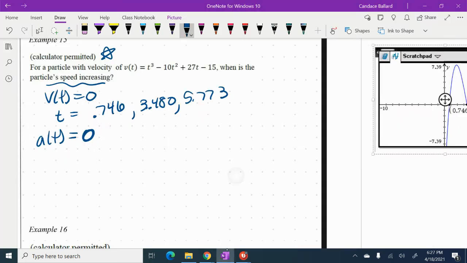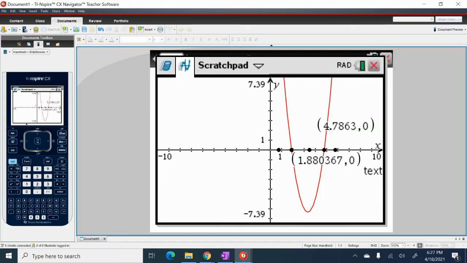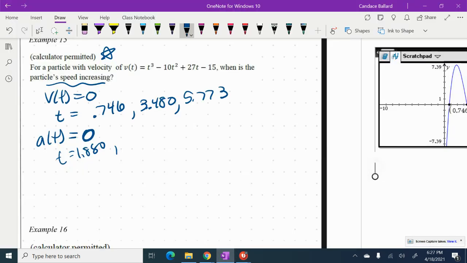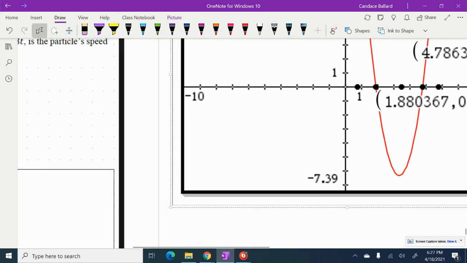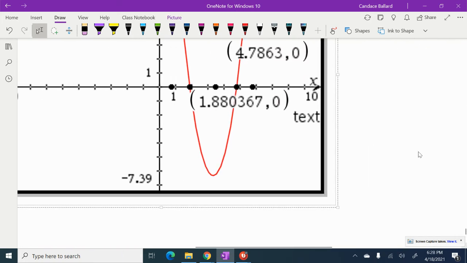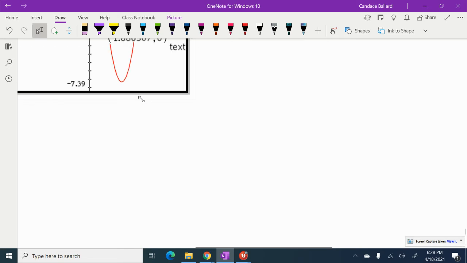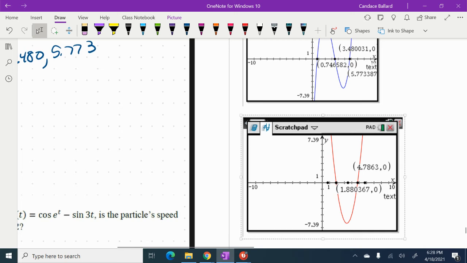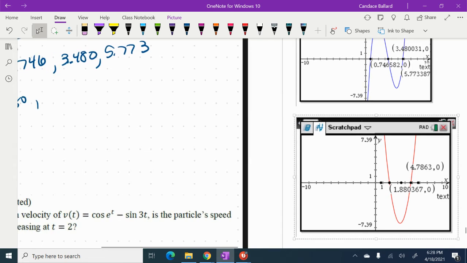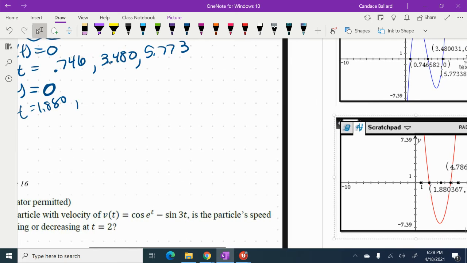So this happens at 1.880 and 4.786. Put that in there as well.